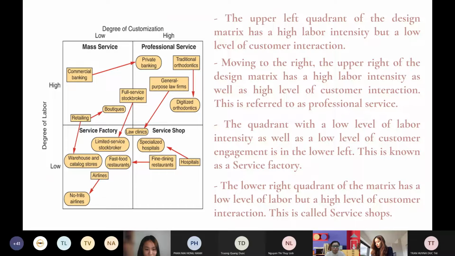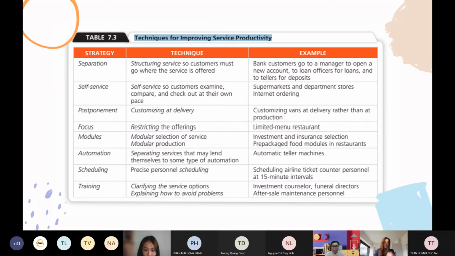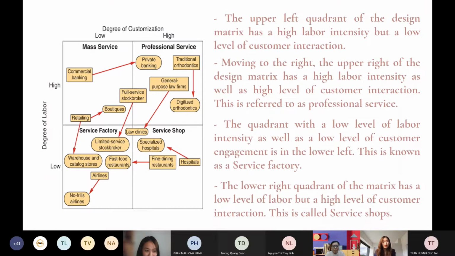In order for enterprises in this quadrant to be successful, consumer safety is seen as the critical success factor for organizations operating here. And the last one is service shop. It has a low level of labor but a high level of customer interaction. In this sector, customer satisfaction is critical, so employees should be nice and polite.